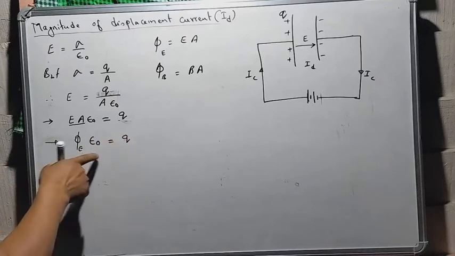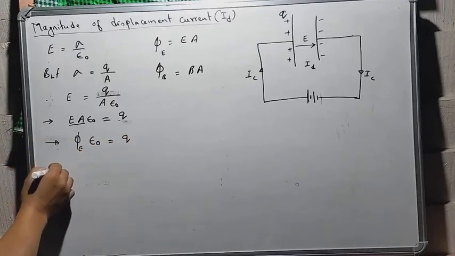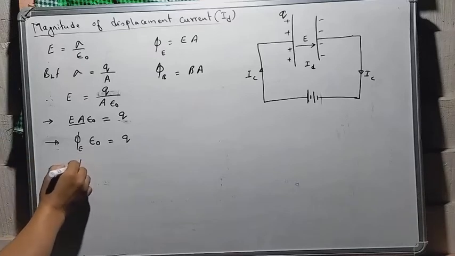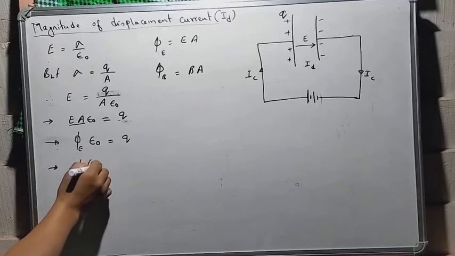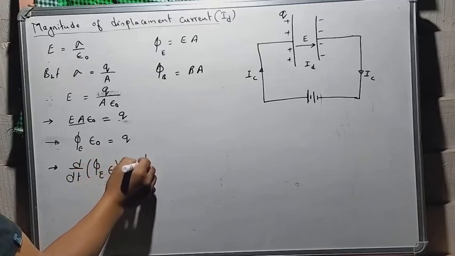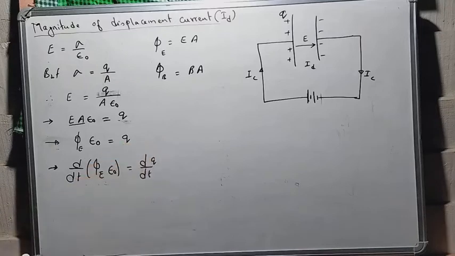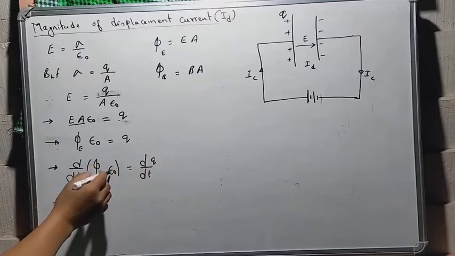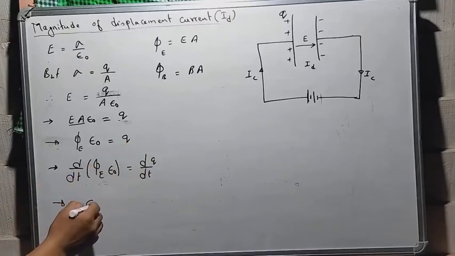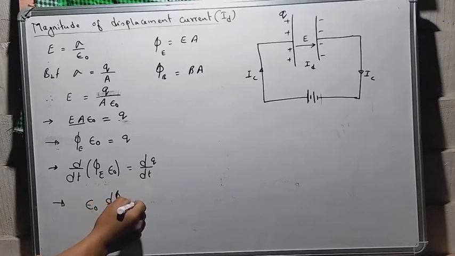Now, if you differentiate this equation on both sides with respect to time, you will get epsilon naught d phi E by dt on the left, and on the right-hand side, dQ by dt. Since epsilon naught is constant, I take it out, so inside I have only d phi E by dt.